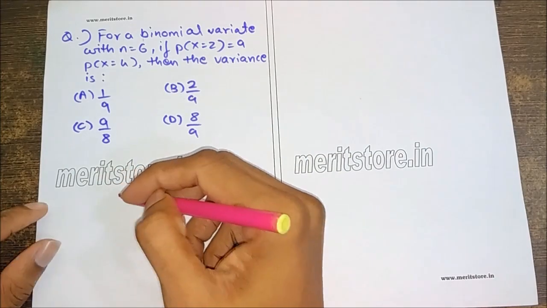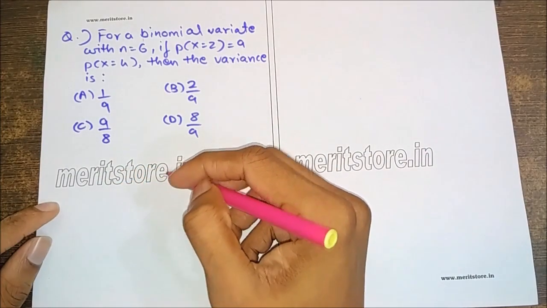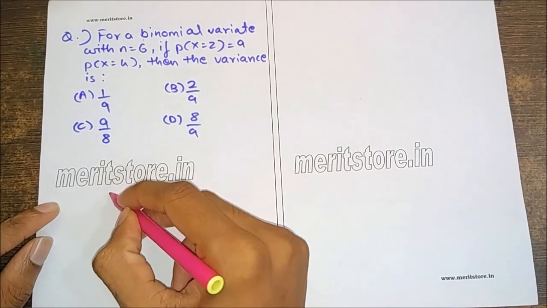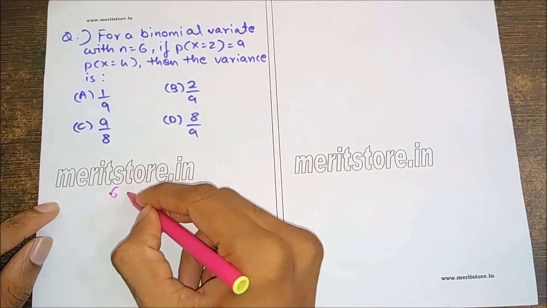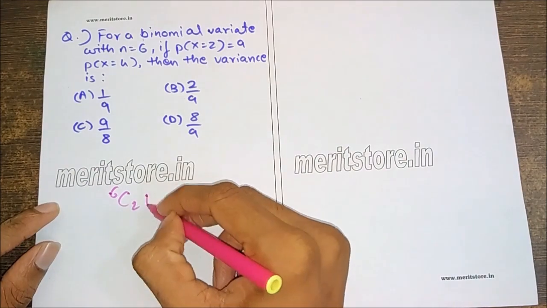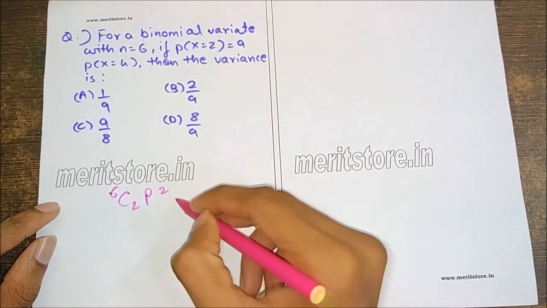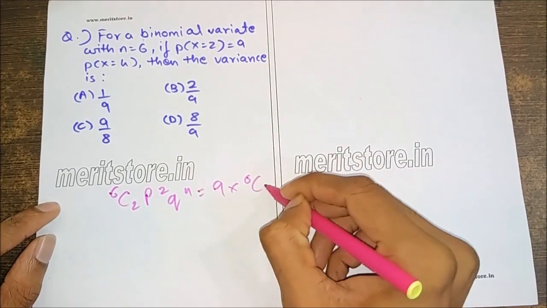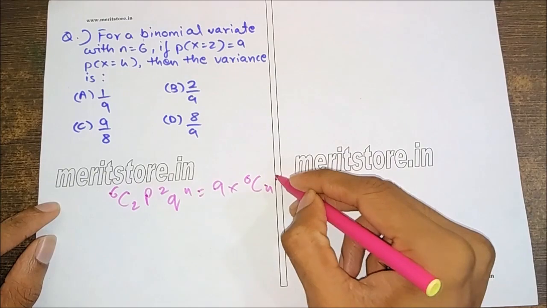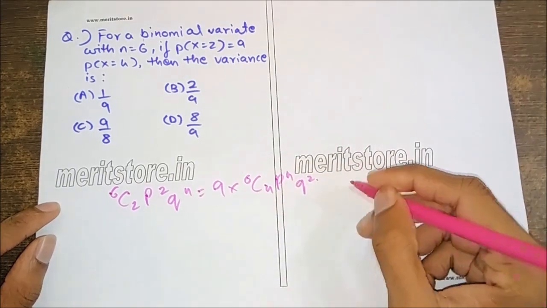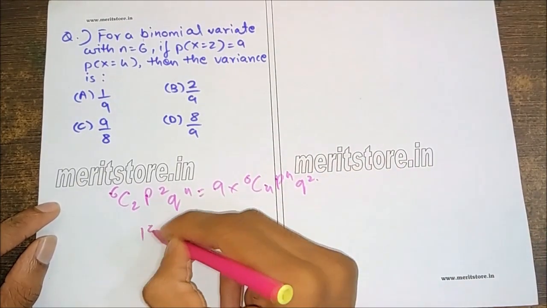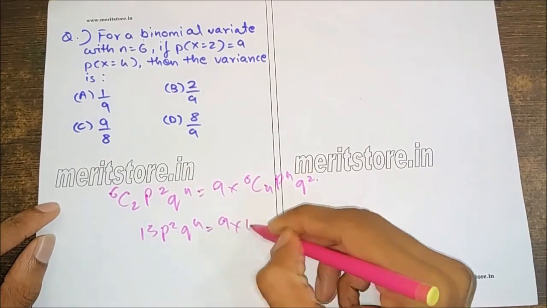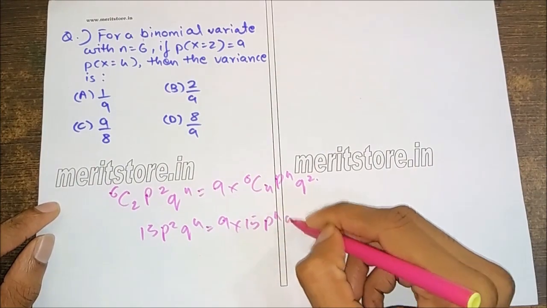Here n is equal to 6, and we can solve this as 6C2 p raised to 2 and q raised to 4, which is equal to 9 into 6C4 p raised to 4 and q raised to 2. Therefore, further solving, we get 15 p square q raised to 4 equal to 9 into 15 p raised to 4 q square.